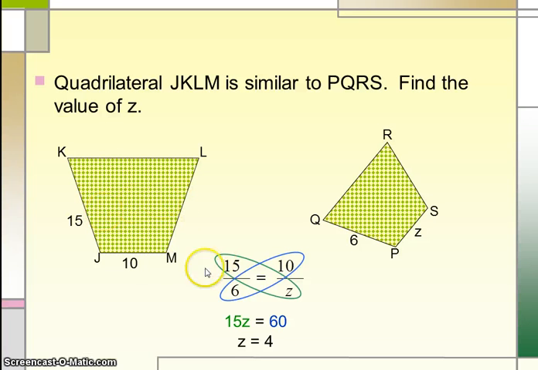So if I did 10 over 4, if they are similar, I should get 2.5, because 2.5 is my scale factor then. That means they're proportionate. So 10 divided by 4 gives me 2.5. I'm just doing it on my calculator here now, and of course it does work out. So now we know that the scale factor would be 2.5 in this case, and that they are similar.